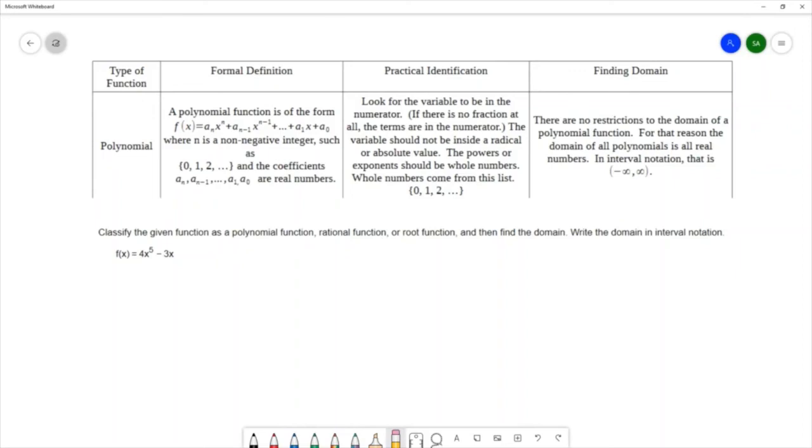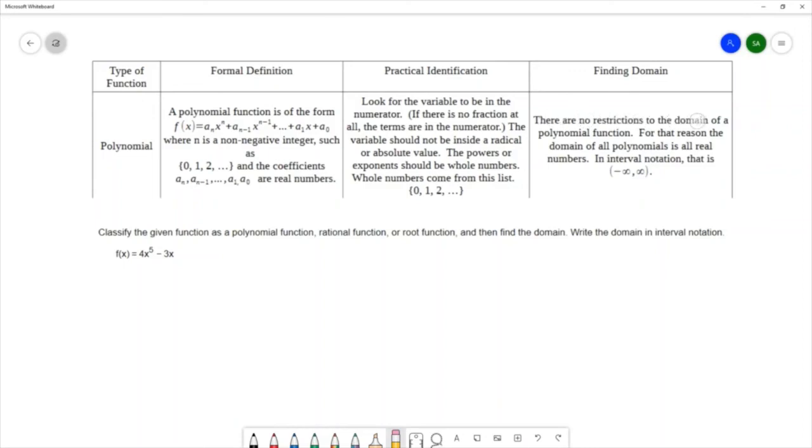So if we look at our example, on our variable x to the fifth, 5 is a non-negative integer or a whole number. And on the other term, x with no power, we assume that power to be a 1, and that is also on this list. So this is a polynomial function, and what's really nice about polynomial functions is that there are no restrictions to the domain.